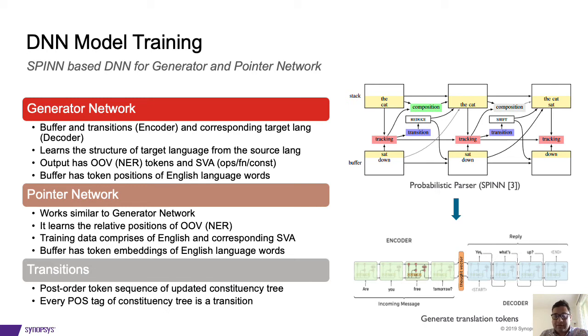Now, buffers in the case of the pointer network are the token embeddings of English language words. And transitions for both generator and pointer is a post-ordered token sequence of the updated constituency tree. And it is assumed that every part of speech tag of the constituency tree will be a transition.